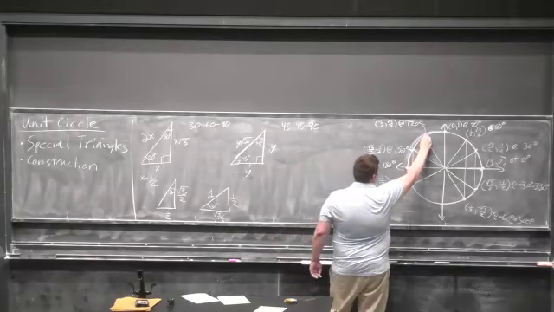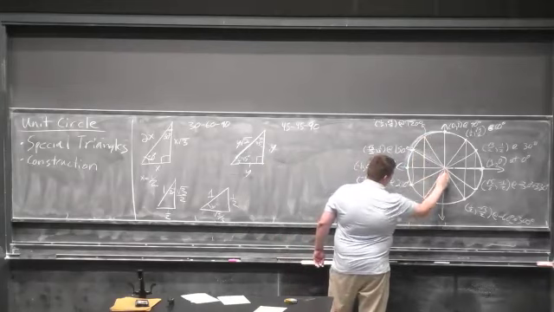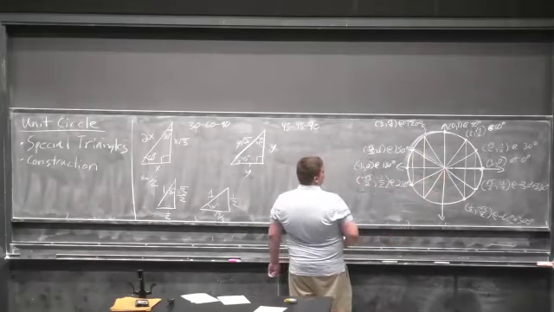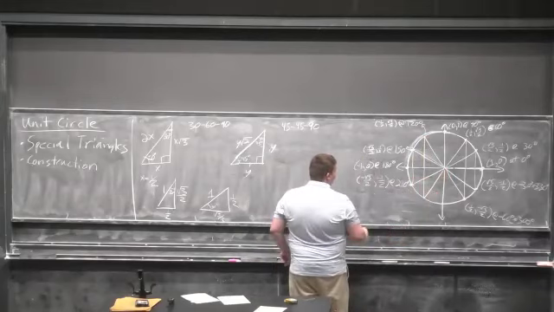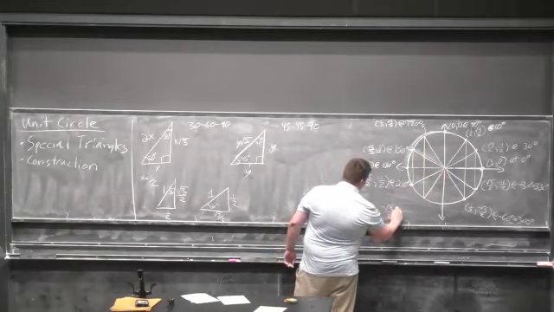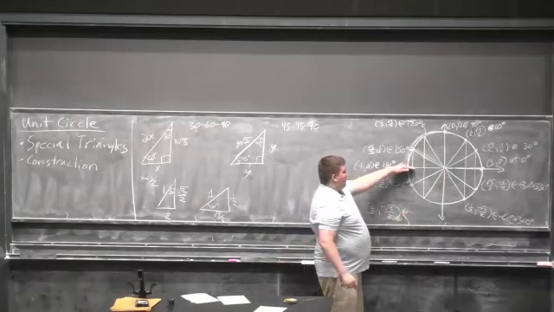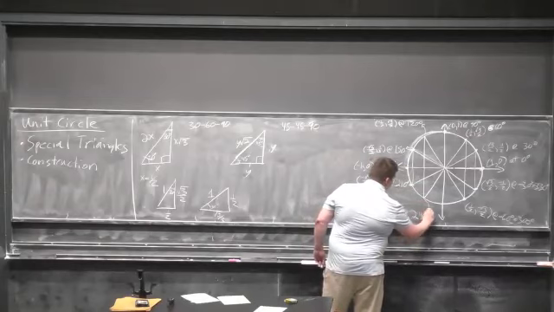So now I take this and I flip it down. And I'm going to have a -1/2, a negative square root 3/2. And this is at 180, I'm going to add 60. So this is at 240 degrees.